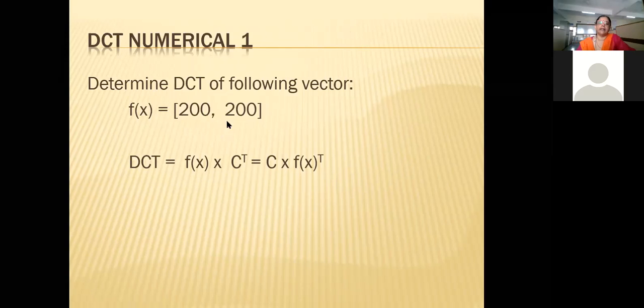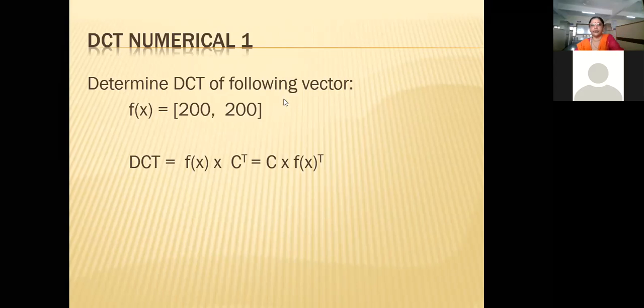Now tell me, if n is equal to 2 and we want to determine the DCT by the matrix multiplication method, which matrix are you going to use? What is the DCT coefficient matrix size when your f(x) has length 2? Yes, Sharan, your DCT coefficient matrix size is 2 by 2.